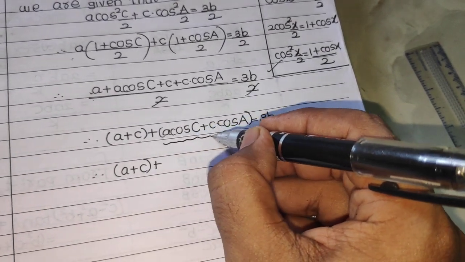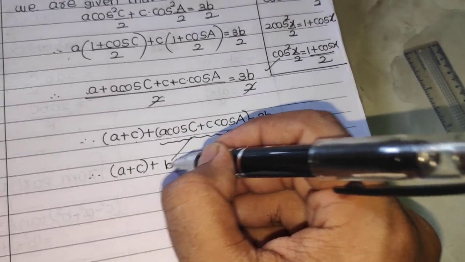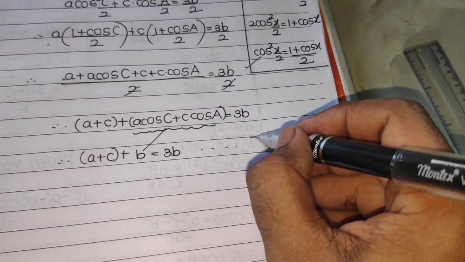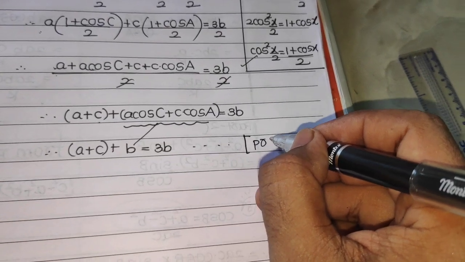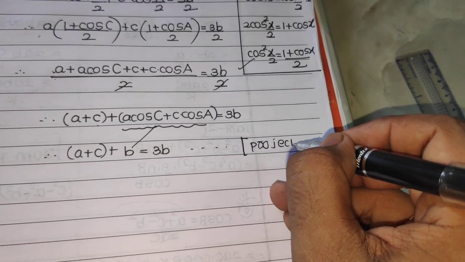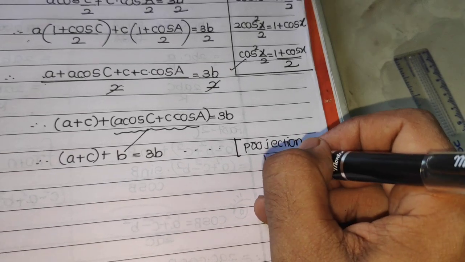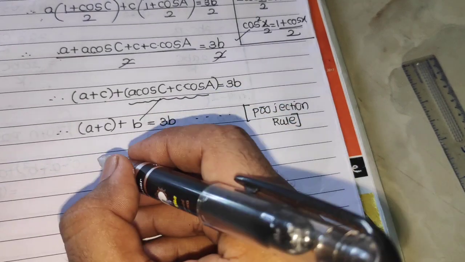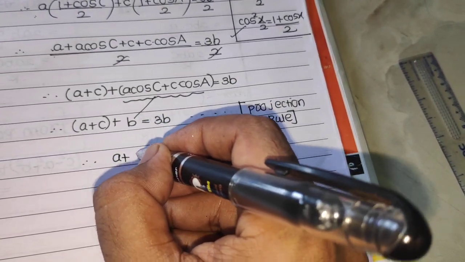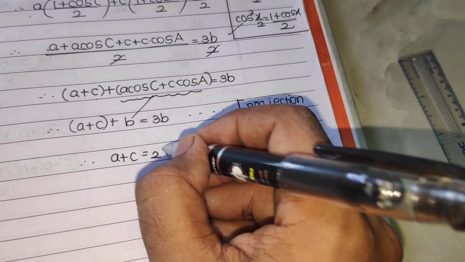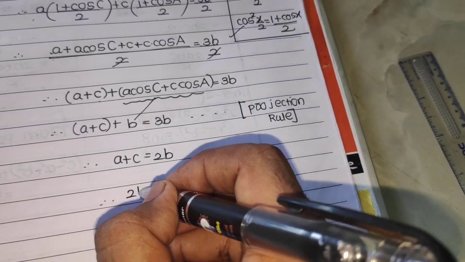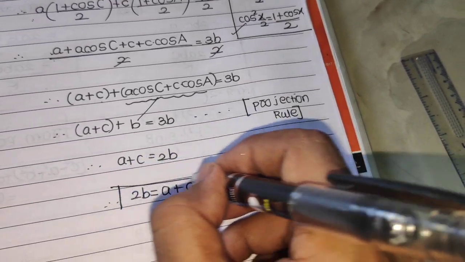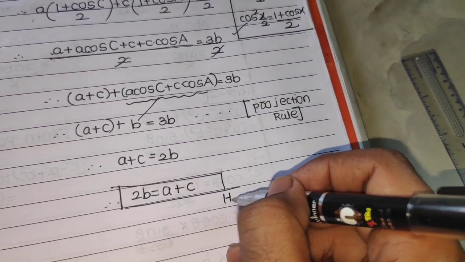Now if you observe this carefully, this is a statement from the projection rule. So a plus c, b will go on that side, will be twice of b. Therefore 2b equals a plus c. Hence proved.